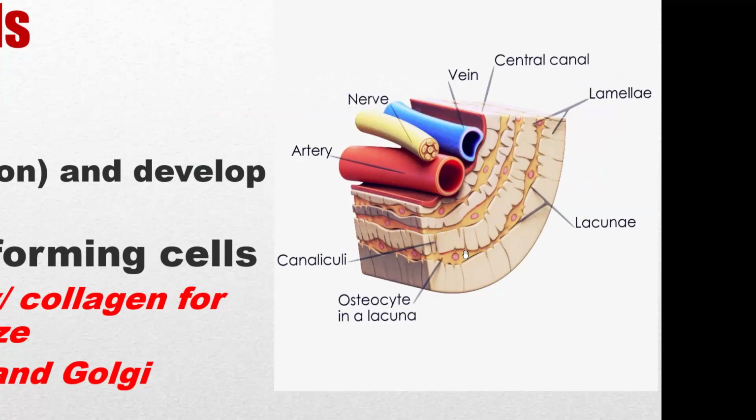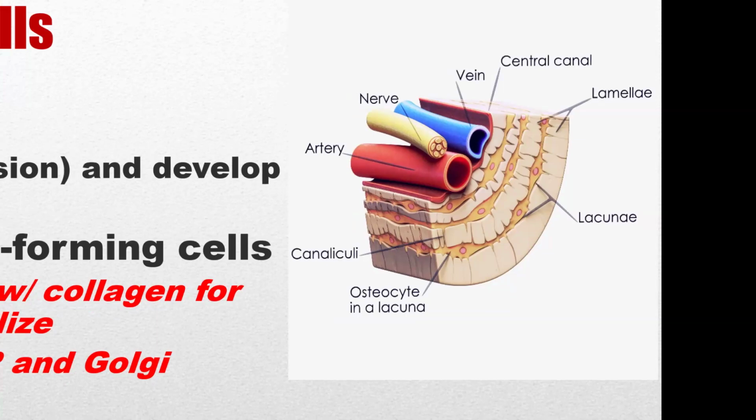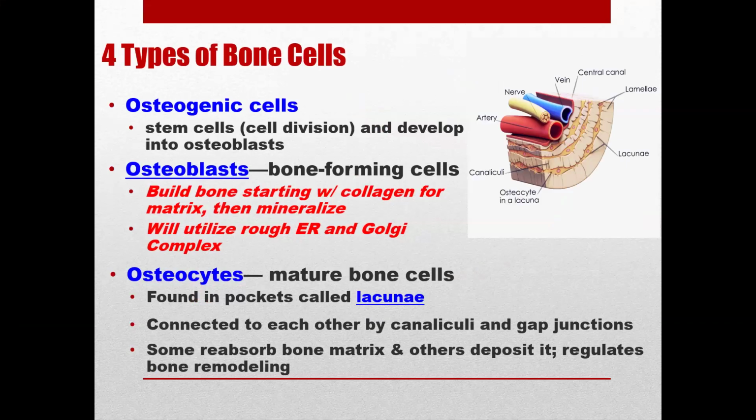And then once the bone is mature enough and hardened enough, they're now called osteocytes as they live in and maintain that bone. So an osteocyte is just a mature osteoblast, you could say, right? And then what was the osteoblast at first? Before it became an osteoblast, it was an osteogenic cell, right? So basically an infant, a teenager or adult, and then a mature adult. That's what we're looking at, the three cells in that order.